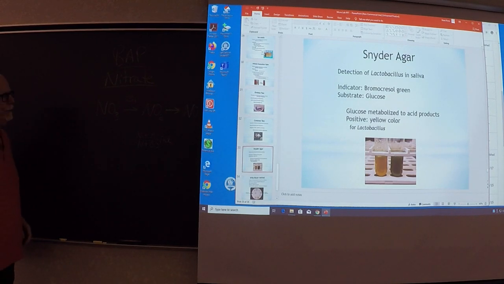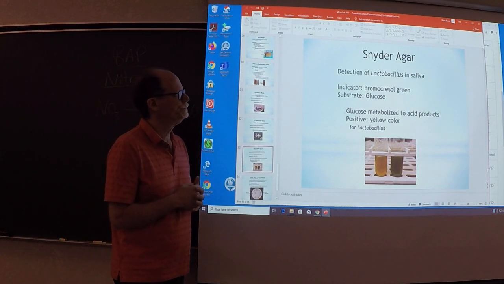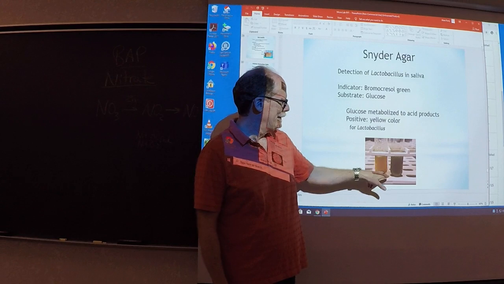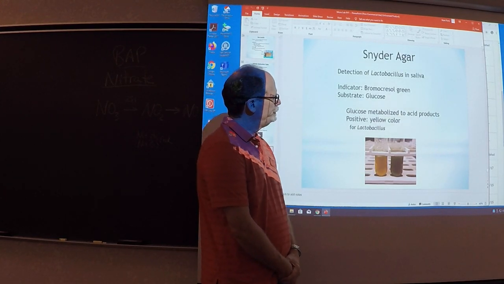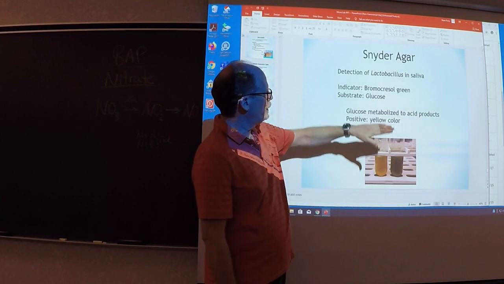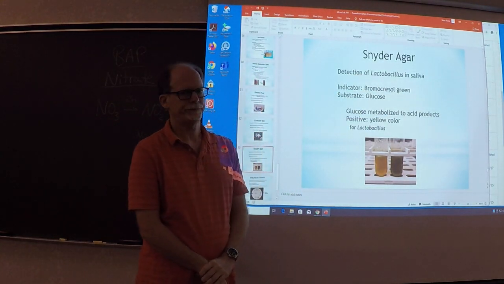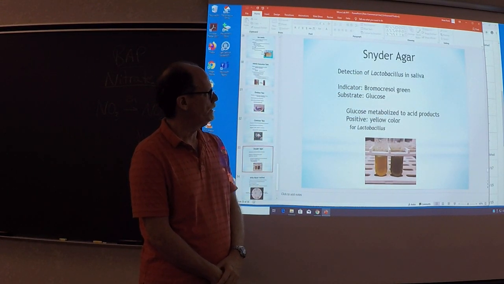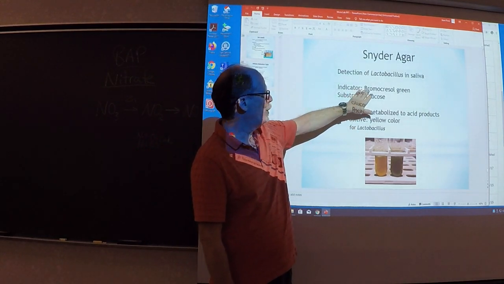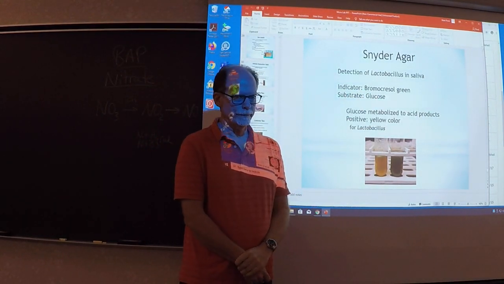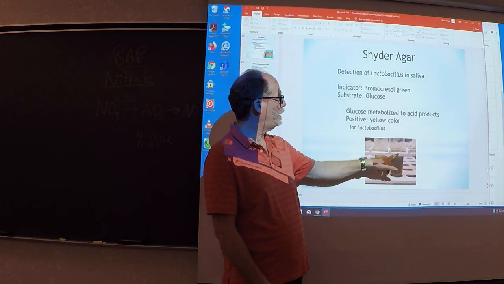Now the Snyder media, or agar, that's the name of this tube. The purpose of it is to detect lactobacillus in saliva. The indicator is bromocresol green. It starts out as a green color.